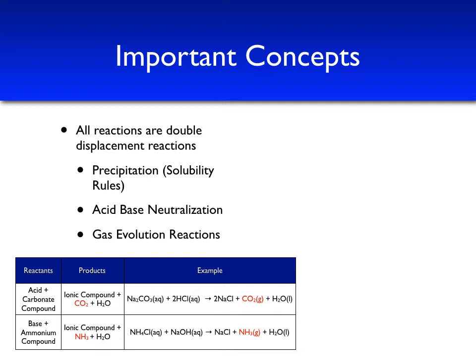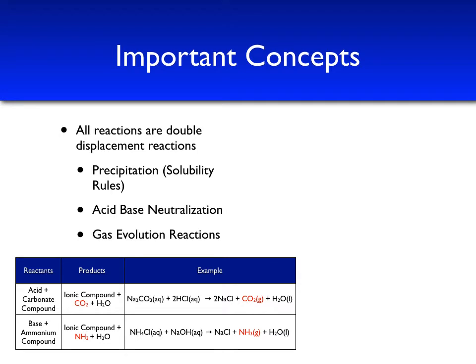When reacting a base with an ammonium compound, a compound containing the NH4+ ion, you'll form an ionic compound, water, and ammonia gas. The example shown is the reaction between ammonium chloride and sodium hydroxide to form sodium chloride, NH3 gas, and water.